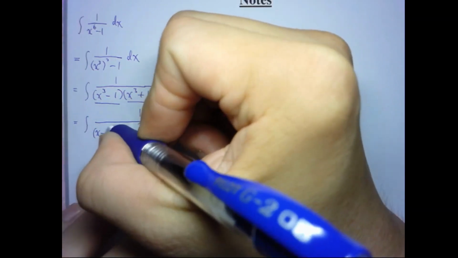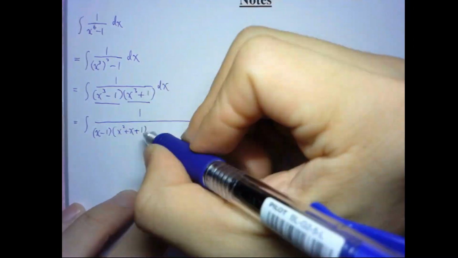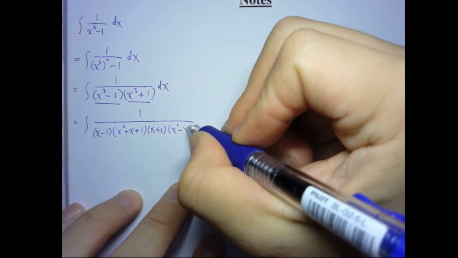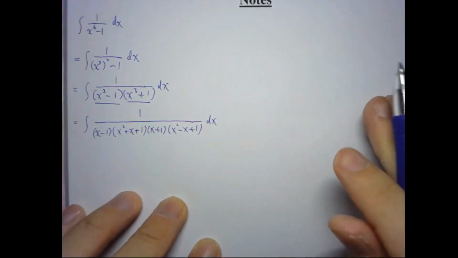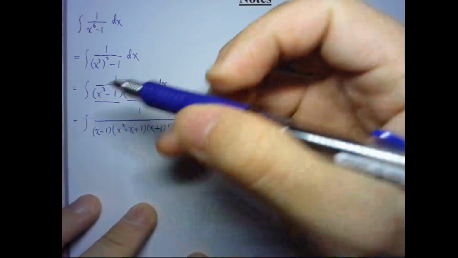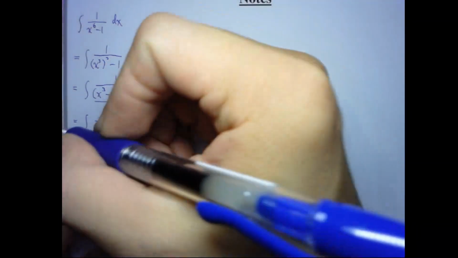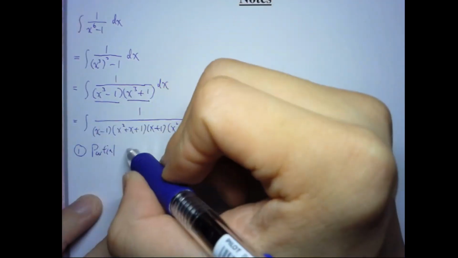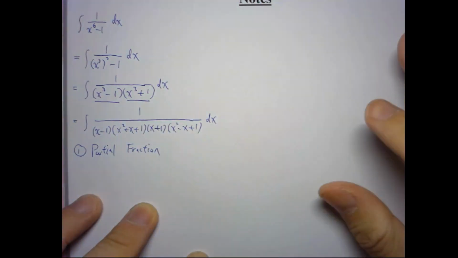This is (x minus 1)(x squared plus x plus 1), and then (x plus 1)(x squared minus x plus 1) dx. So we have 4 factors in the denominator, and we need to do the partial fraction to break down each term.